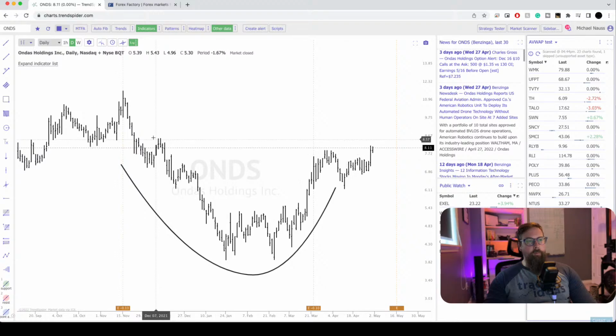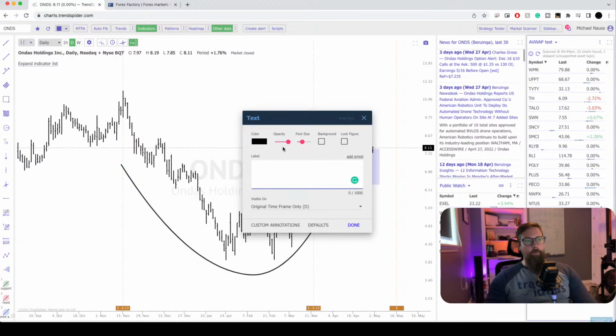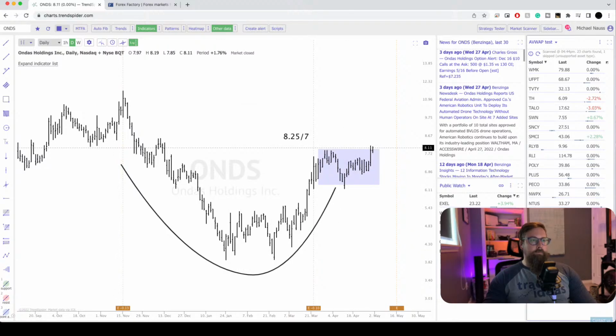You don't need to be a CMT to see that this thing's holding up way better than the market over the last little bit. So yeah, I like the look of that one.